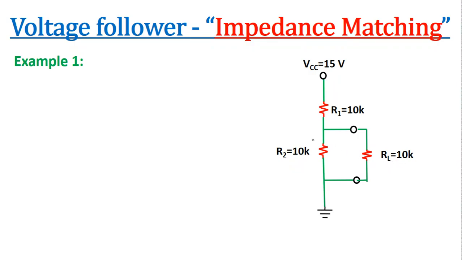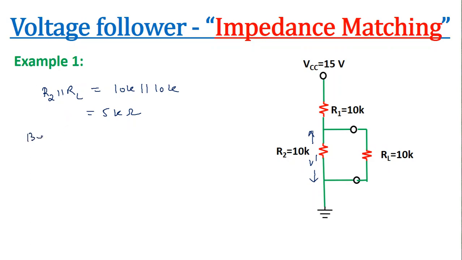Now again we find the voltage across R2, that is V dash, which now appears across the parallel combination of R2 and RL. First we find the value of R2 parallel RL. R2 is 10K and RL is also 10K, so when we solve this, we get 5 kilo ohm.